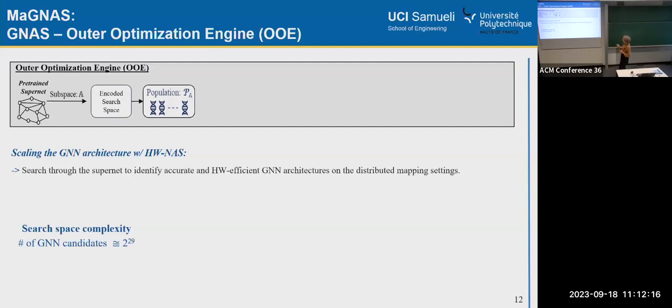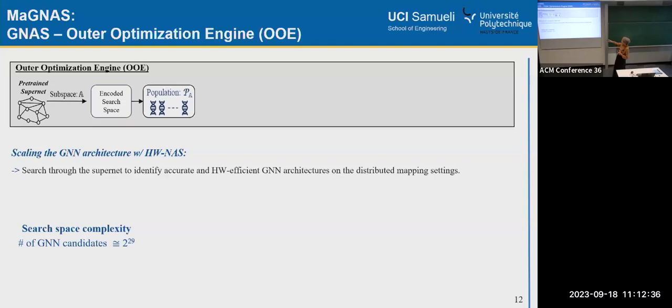First of all, we have the outer optimization engine, which is the GNAS or the GraphNAS part. So its mission is to search through the pre-trained supernet in order to identify accurate and energy or hardware efficient subnets on the distributed mapping settings.